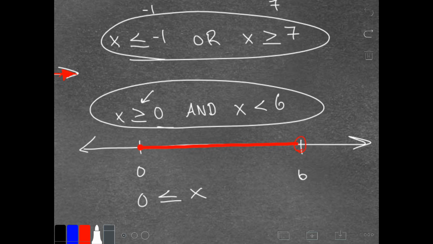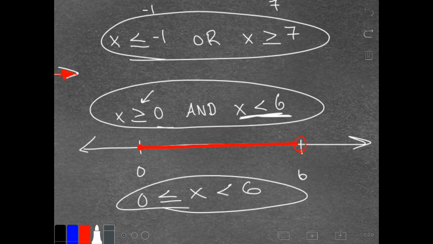Then we're just going to rewrite the second inequality. Now we've already written x, so we don't have to write it twice. But we'll take this portion here, the less than 6, and write less than 6. So either of these two would be correct in writing an AND statement for this graph.